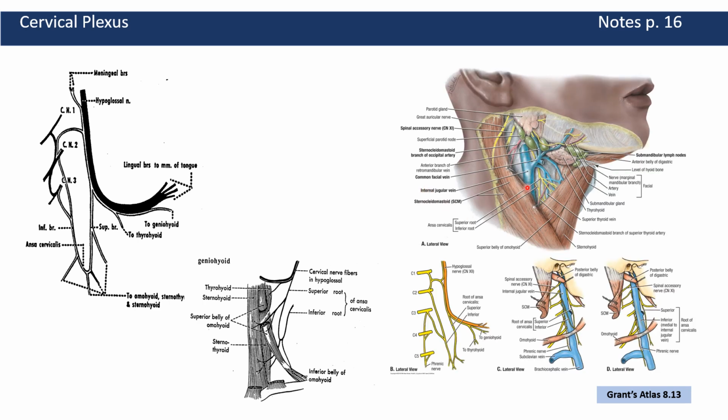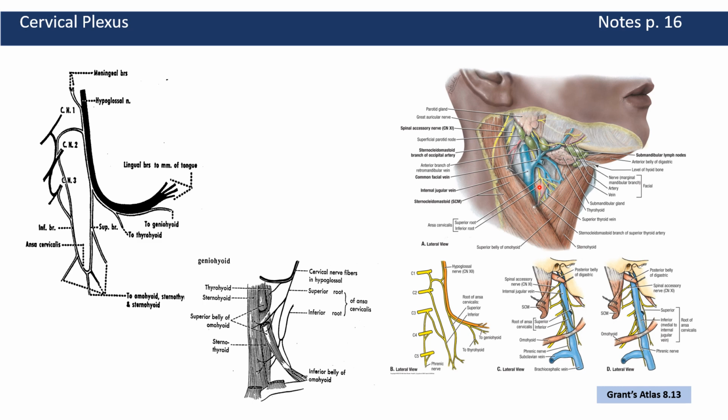When you do this dissection, recall that we're going to be in the anterior triangle, particularly in the carotid triangle of the anterior triangle. You will find those ansa cervicalis branches that are going to the infrahyoid muscles shown here. The length of that loop varies from person to person.